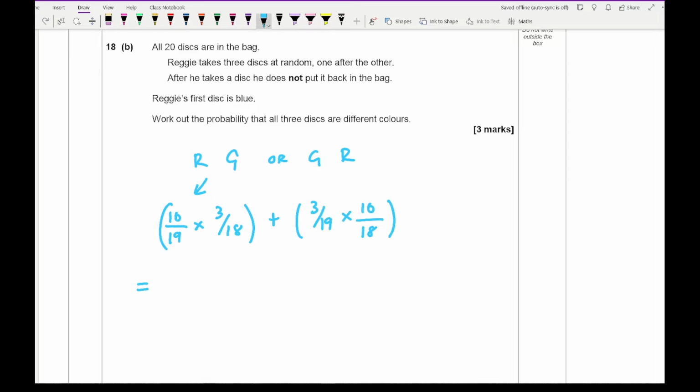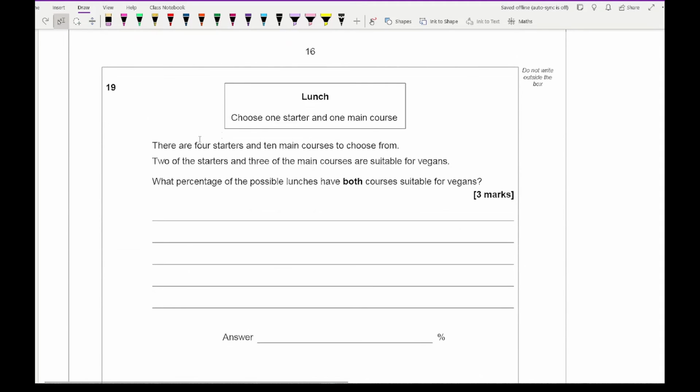So then if I work that out on my calculator, 10 over 19 times 3 over 18 plus 3 over 19 times 10 over 18, I should get an answer of 10 over 57, or if you want to write that as a decimal, we can get it as 0.1754 and so on.